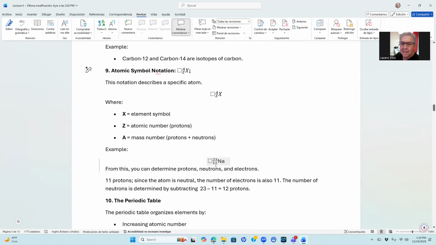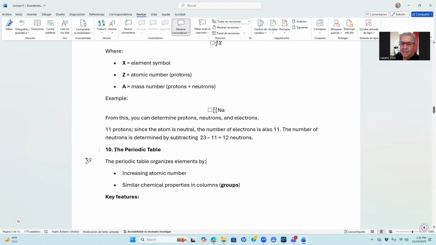It means that it has 11 protons. And 23 is the mass number. If you subtract 23 minus 11, you will get the number of neutrons. Then the number of neutrons is determined by subtracting the atomic number from the mass number.